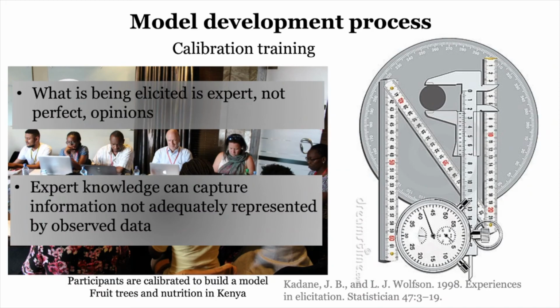And what expert knowledge can do for us is capture information not adequately represented by observed data. That is, the nutrition implications of introducing a new fruit into society, into a certain community, may be affected by something unexpected or something really hard to measure, like whether people like this food, or how much people know about nutrition, how important nutrition is to people's dietary choices.